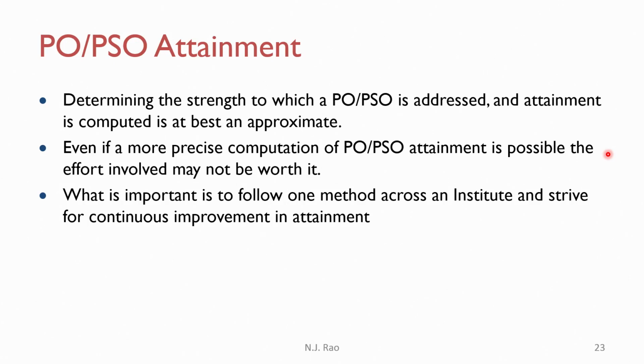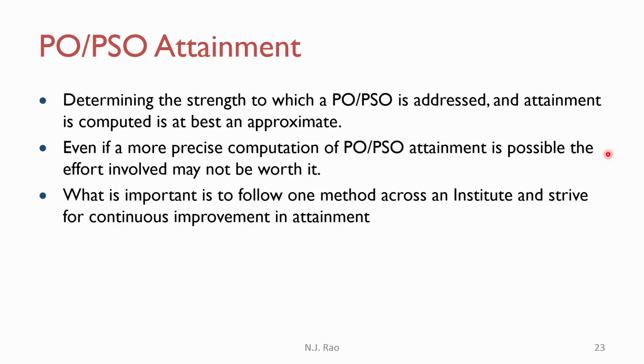Again, we are repeating: determining the strength to which a PO or PSO is addressed and attainment is computed is at best an approximate. It can never be an exact value. For example, you can always define a more complex way of computing the PO attainment, which certainly can be justified.